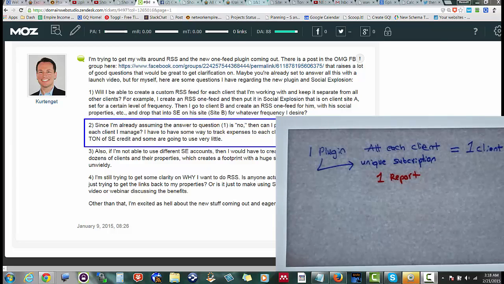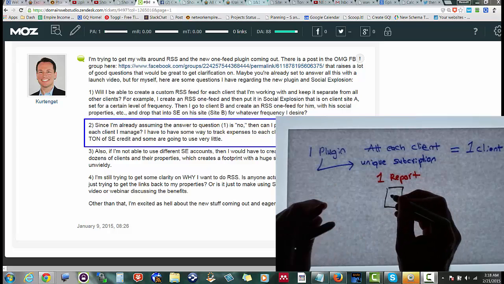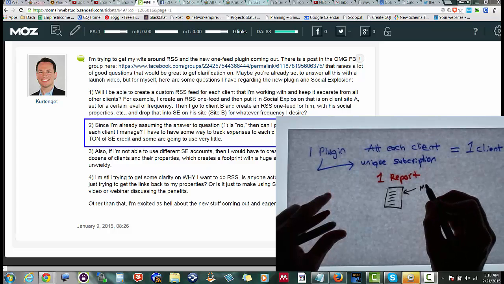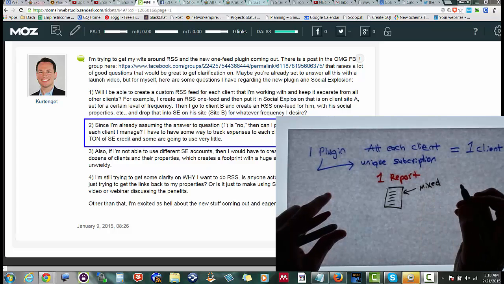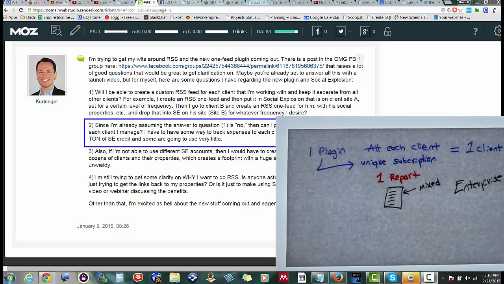I would not want to buy one plugin and then multiple subscriptions and run that across different clients, because what you're going to get is a mixed report. Inside every blog, you're going to have multiple clients on the report. Okay? So you're going to get mixed. We are making an enterprise version that will allow you to log into a user area and manage multiple clients. But right now we don't have that.